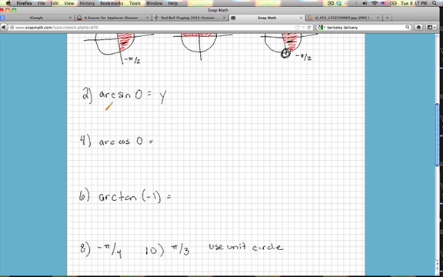So the arc sine of 0 is the angle, which we've called y here, whose sine is 0. Or another way of putting that is sine of this angle, sine of y, is equal to 0.